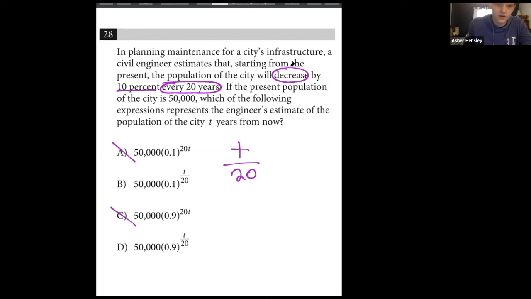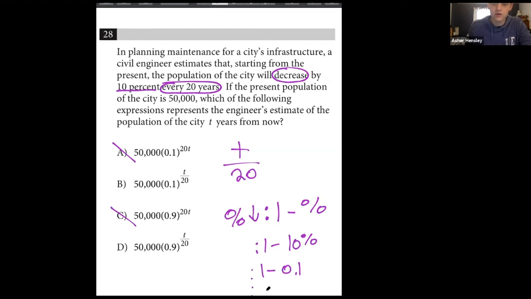And since we're decreasing by 10%, remember, we need to keep in mind our percent decrease formula. So percent decrease is 1 minus our percent. And then we're going to convert that to a decimal. So that's the same thing as 1 minus 10%, or in other words, 1 minus 0.1.